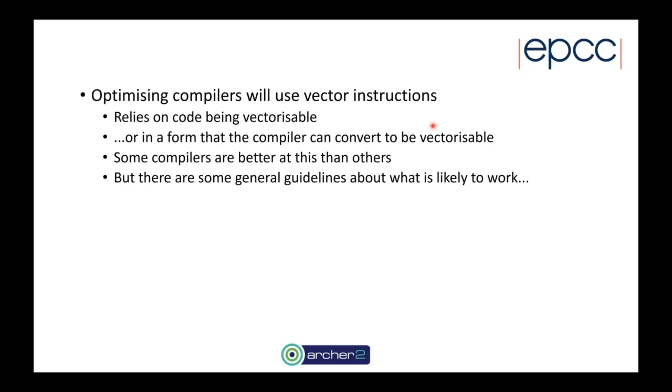It also depends a little bit on the spatial layout of your data, because as we'll come on to see, vectorization is really only generally efficient if you're working on contiguous data, so data which is in contiguous chunks in memory. Otherwise, you spend a lot of time moving the data around to fill up your vector units.